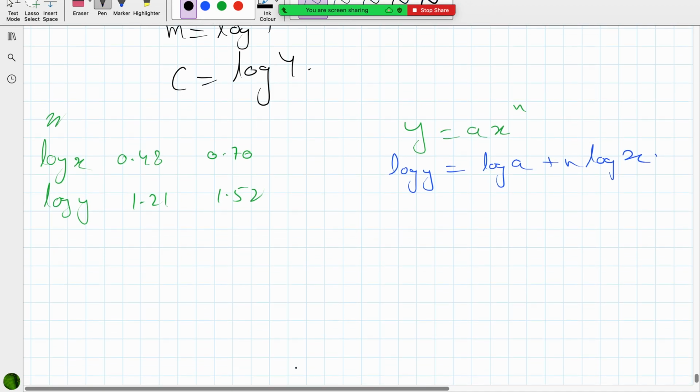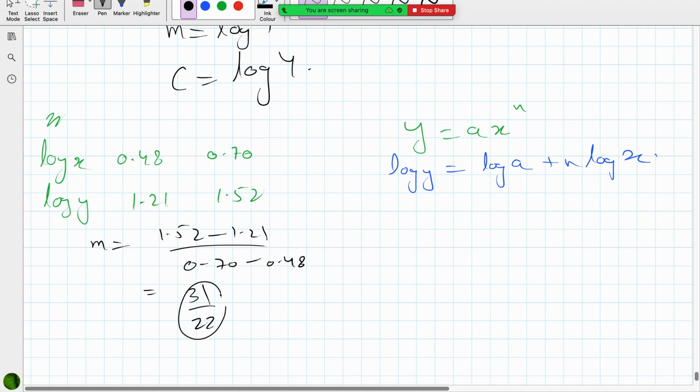So if I use these values to find the gradient, this is y2 minus y1 over x2 minus x1, and using the calculator, this gives me 1.52 minus 1.21 divided by 0.7 minus 0.48. This gives me 31/22. I'm keeping it as it is because I've got the exact answer.